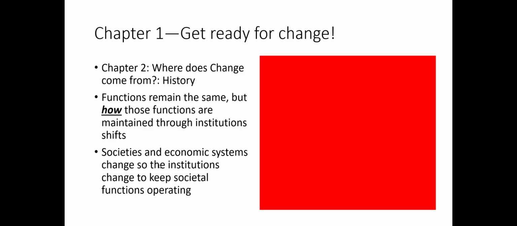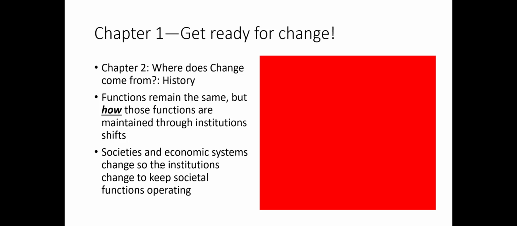And then chapter 2, the basic question in chapter 2 is, where does change come from? If we're getting ready for it, we should know where to look, right? So the important concept here is that there are functions of society, like education and production and having an economy, and having people have food and stuff like that.